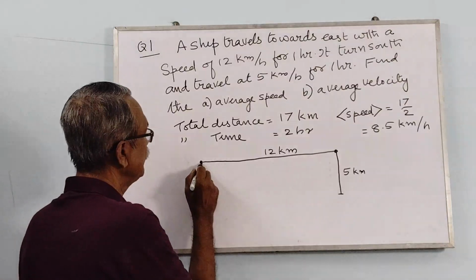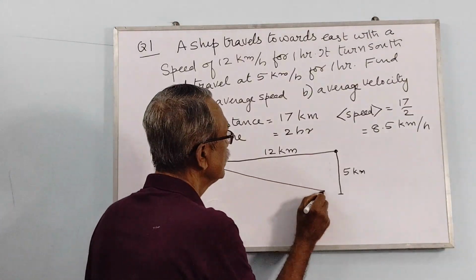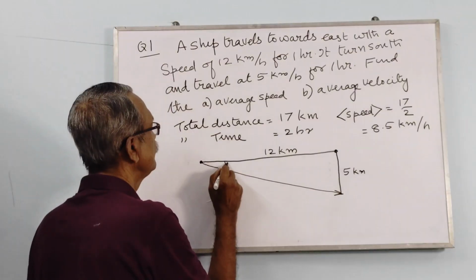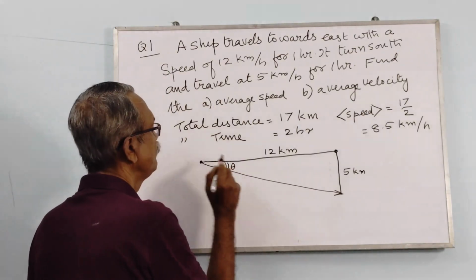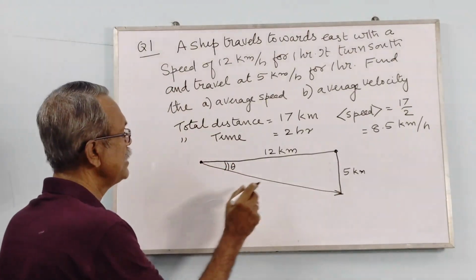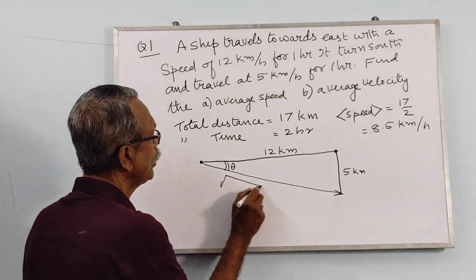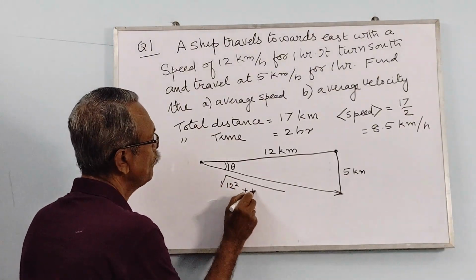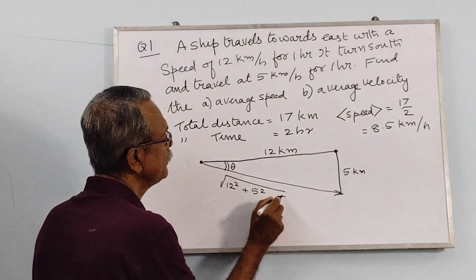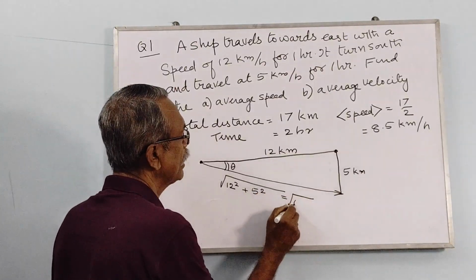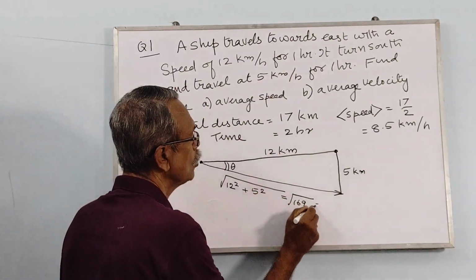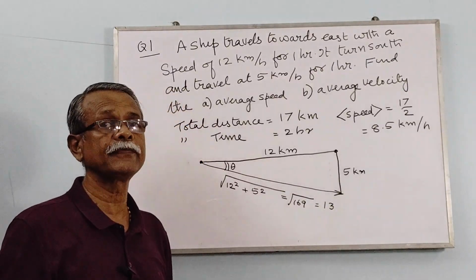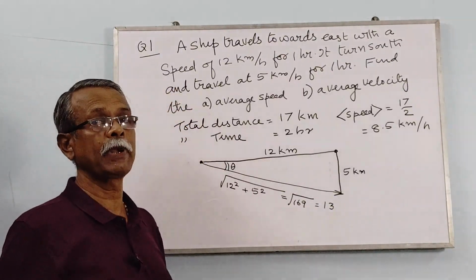The displacement is this. This angle is theta, and this distance is square root of 12 square plus 5 square, which is equal to square root of 169, equal to 13. 12, 5, 13 is a Pythagorean triplet.